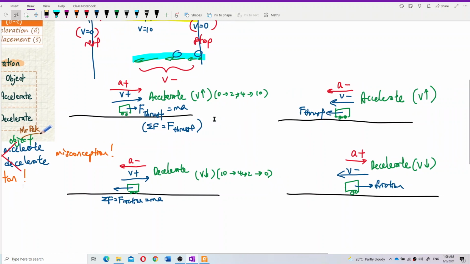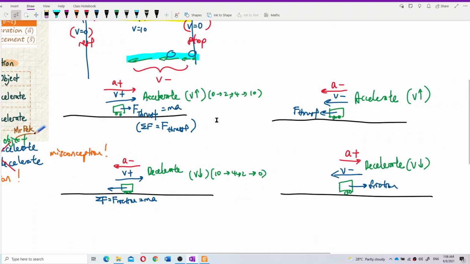Okay, so the conclusion from here is, when velocity and acceleration are in the same direction, both positive or both negative, the object accelerates.